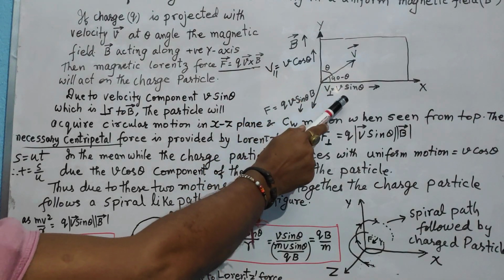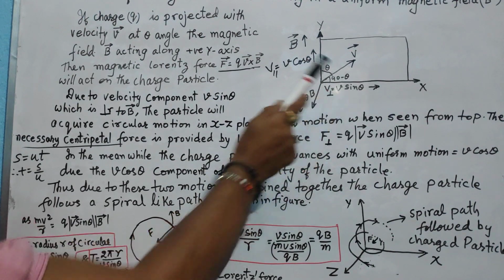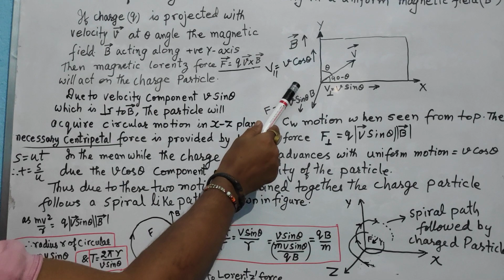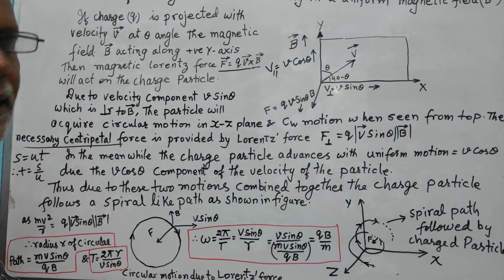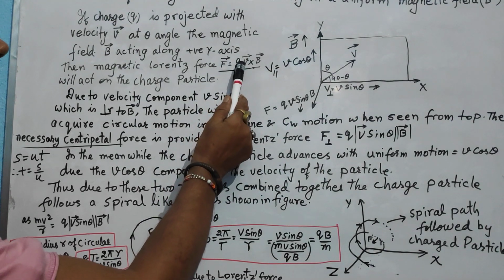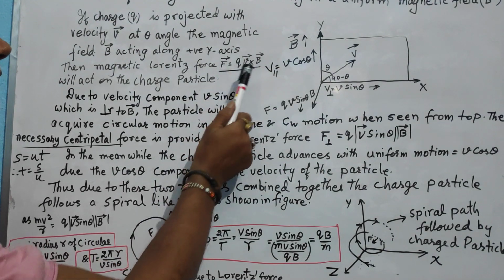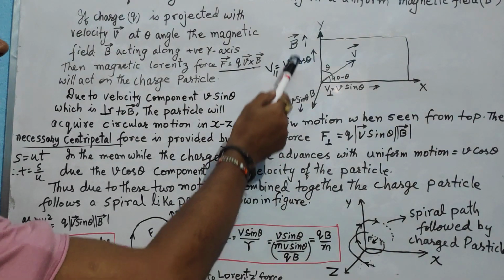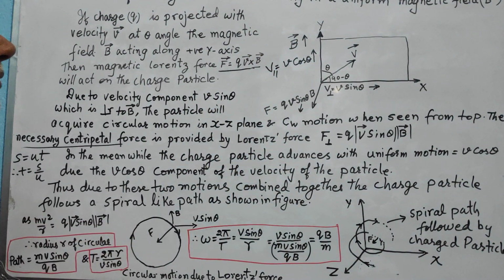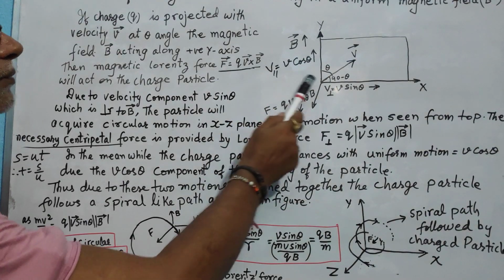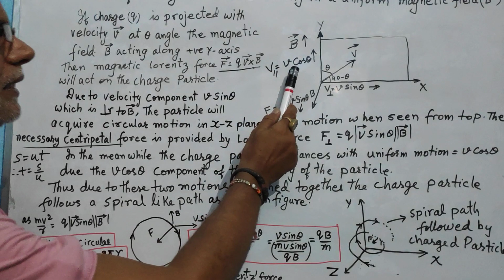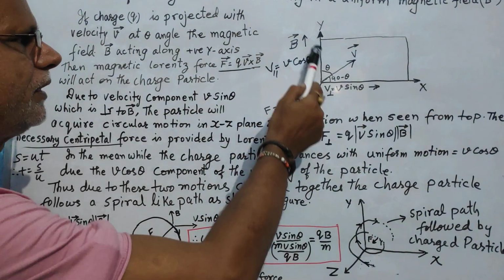So now apart from this perpendicular component, we have v cos theta. Since v cos theta is along the direction of the magnetic field, you know the relation Lorentz force is charge into v cross b, and if there is a zero angle between this velocity component and the magnetic field, no Lorentz force will be acting due to this component v cos theta.